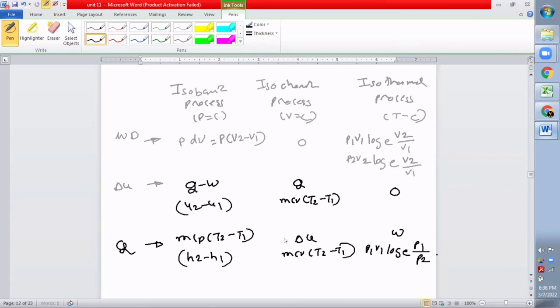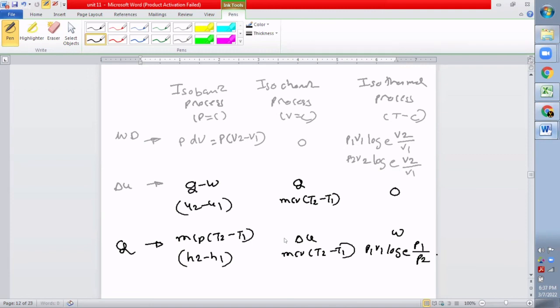We can find Q, and from that Q you can find W. So we need to play with the terms. In the examination, they can ask for any unknown term. They may give you the data for Q, for del U, or for W.